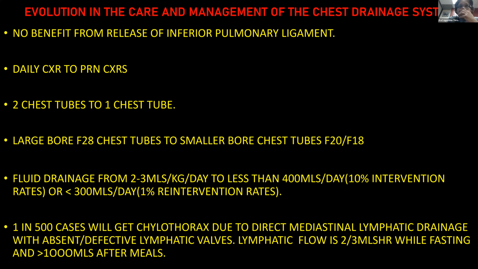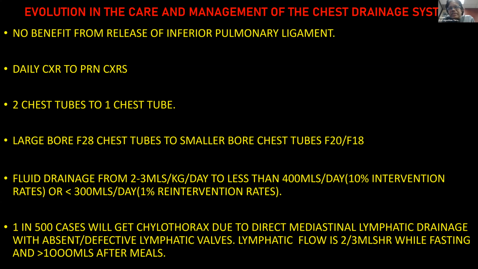And also, pleural physiology helps out in cases like chylothorax. With chylothorax, no matter how careful you are, you will find it in about 1 in 500 cases. This is due to the physiological understanding of the anatomy of lymphatics, where in 1 in 500 cases, there is direct mediastinal lymphatic drainage into the thoracic duct.